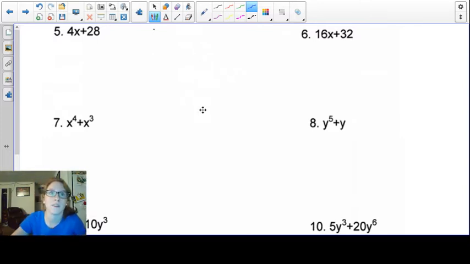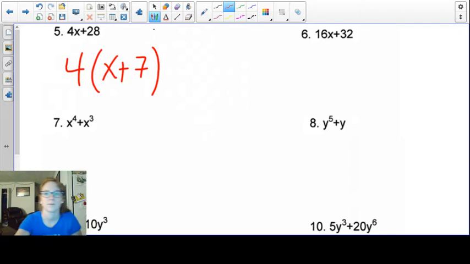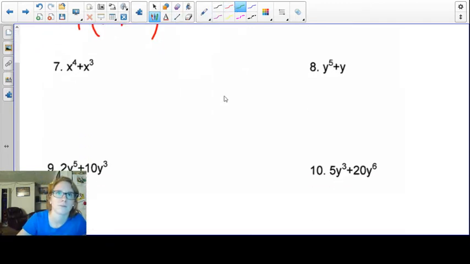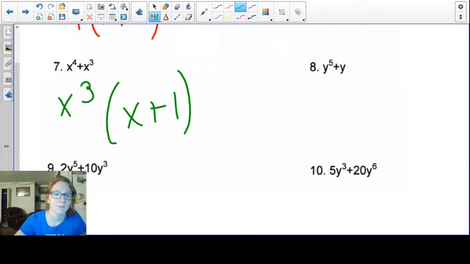All right, let's do a couple of these, and then I'm going to ask you to pause and do your own. So number 5, can I take x's, numbers, or both? Good, just numbers. I can divide out a 4. I'm left with x plus 7. What about number 7? Good, just x's. And I can take out 3. All right, I think we've done all of the other kinds already.